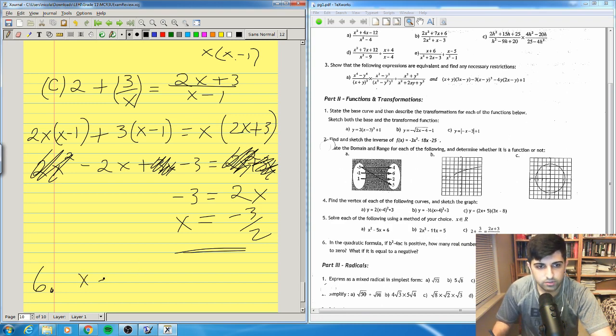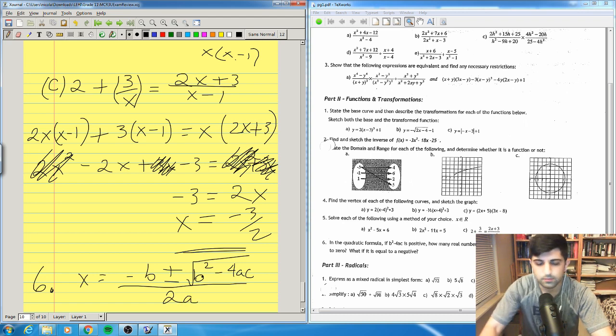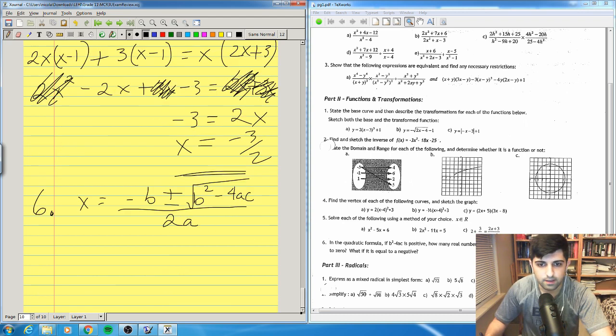Let's go back to the quadratic formula. Now, let's say that this thing is 0. What's the square root of 0? The square root of 0 is 0.